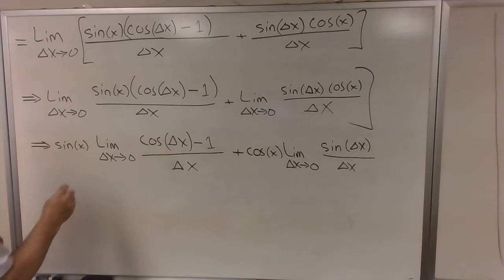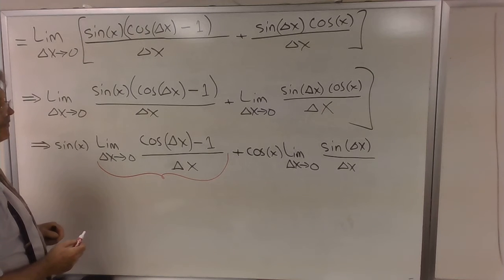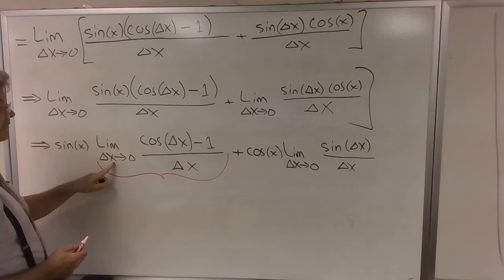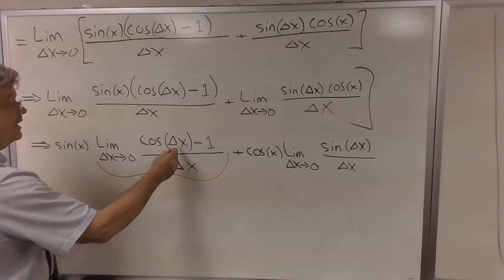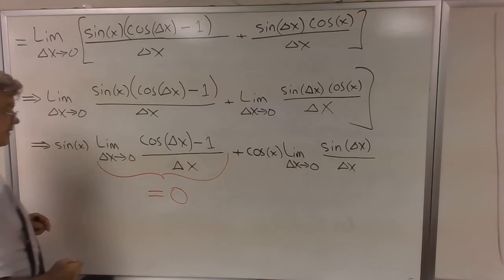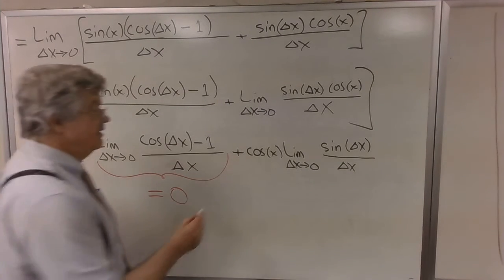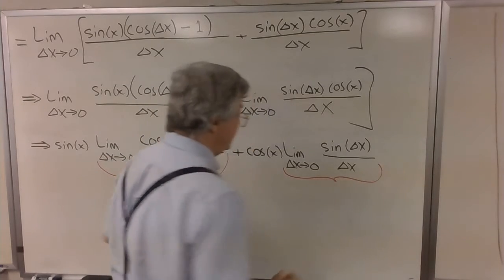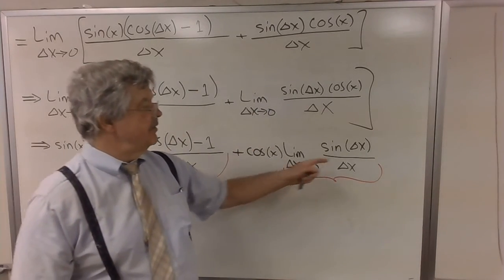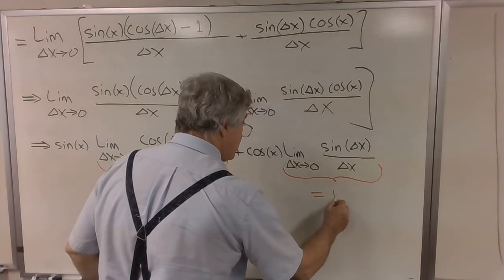Oh, and now I realize what we got. From the previous theorem, the limit as delta x goes to 0 of cosine of delta x minus 1 over delta x is equal to 0. That's the limit that we just proved. And this limit, as delta x goes to 0 of sine of delta x over delta x, is equal to 1.